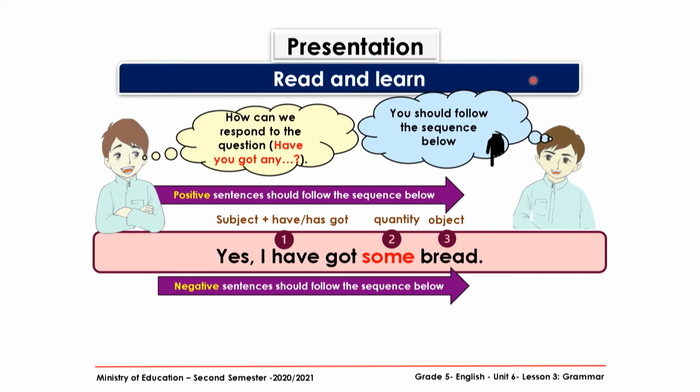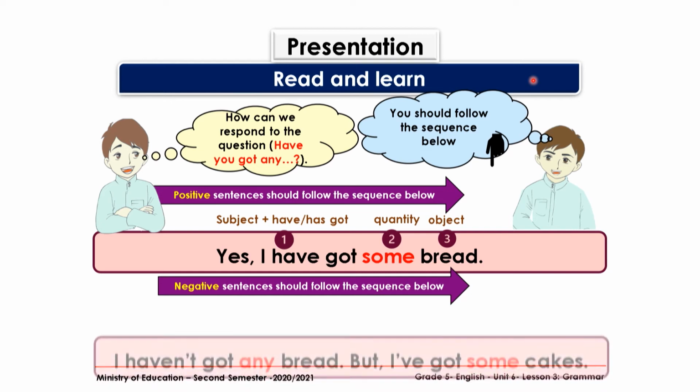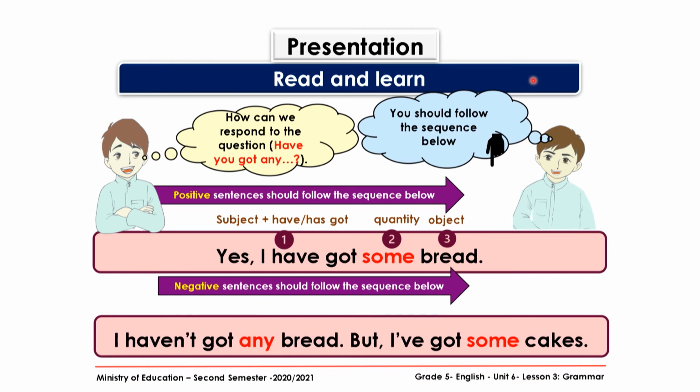For the negative sentences, we should follow the sequence below. So because it's negative, we will say no, comma, the subject plus haven't or hasn't got. Then we will use the expression of quantity, which is any, then the object.